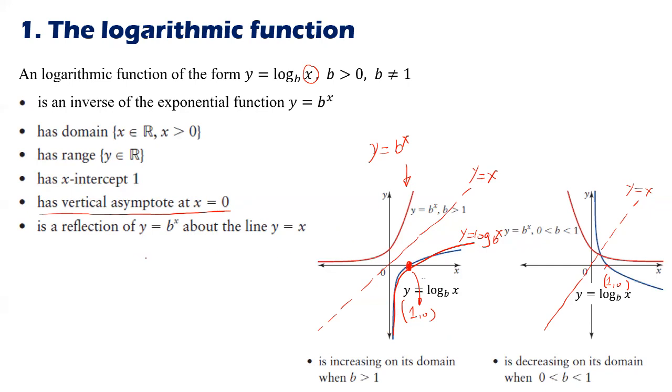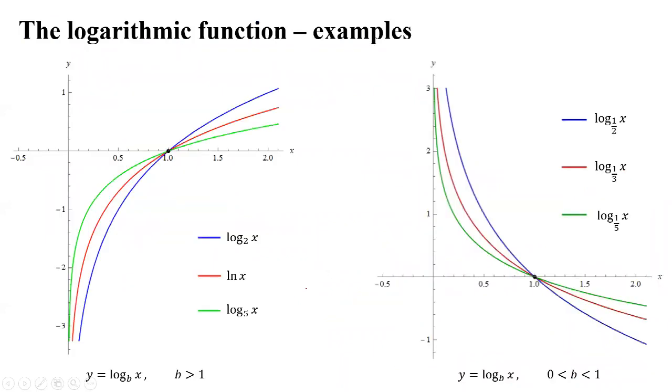Okay. And because it's the inverse of the function y equals b to the power of x, it's symmetrical with y equals b to the power of x about the line y equals x. Okay, so these are the main properties of these functions.